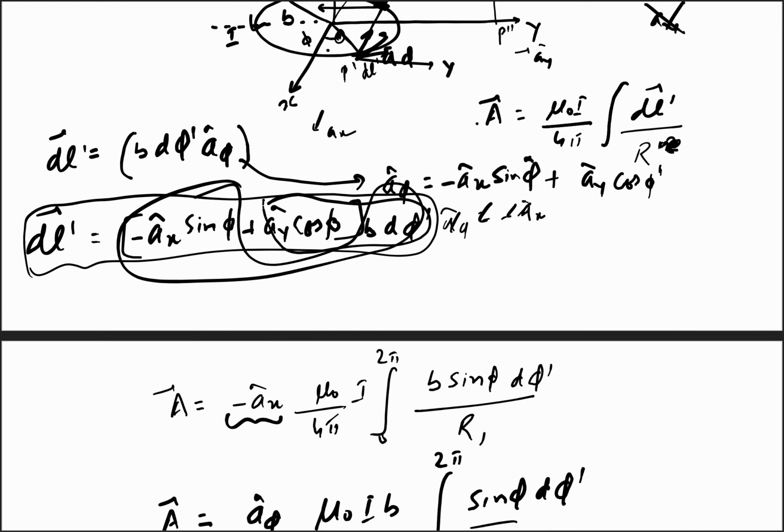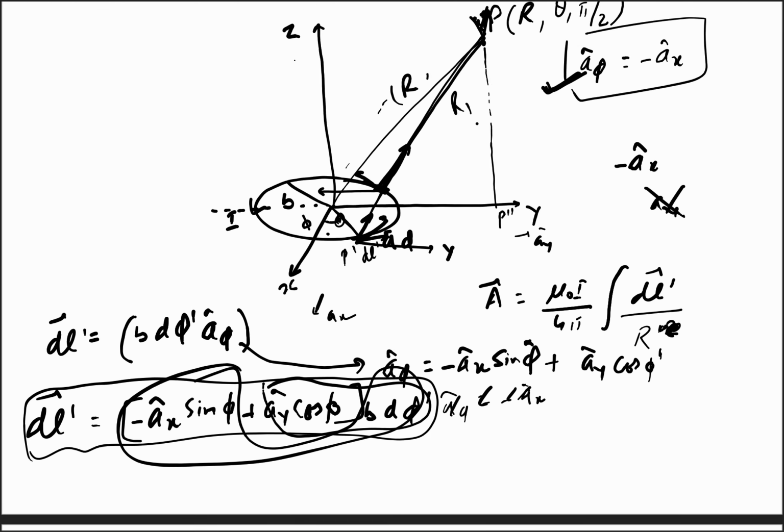So in this triangle, if I use the law of cosines, you will see that this r1 square is equal to this r square plus this b square minus twice of br cos of the angle between them, and let us say this angle is psi.